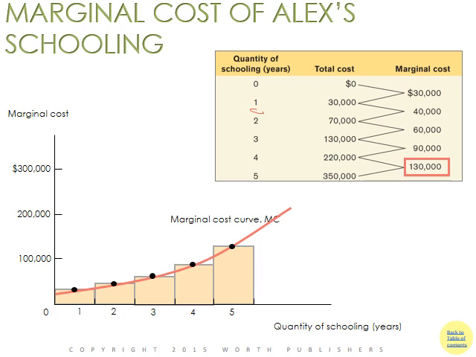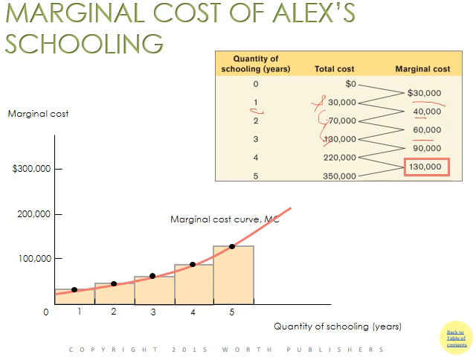So the marginal cost of the first year of school is $30,000. Okay, then total cost goes from $30,000 to $70,000 for the second year of school. So the incremental cost of the second year is $40,000. Third year of school, total cost goes from $70,000 to $130,000, so the incremental cost is $60,000.